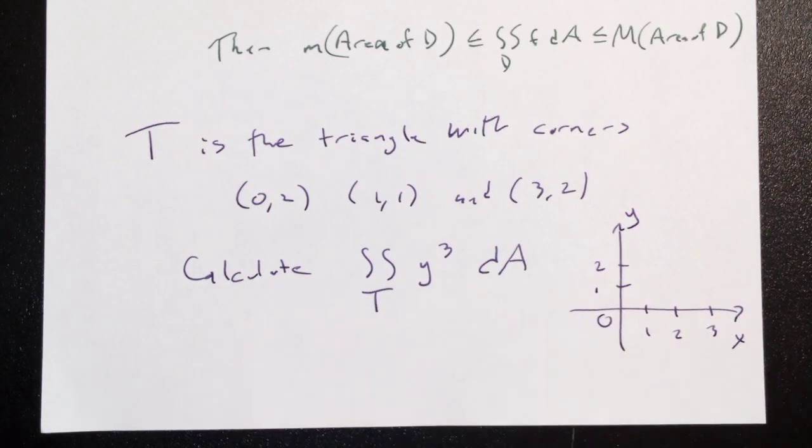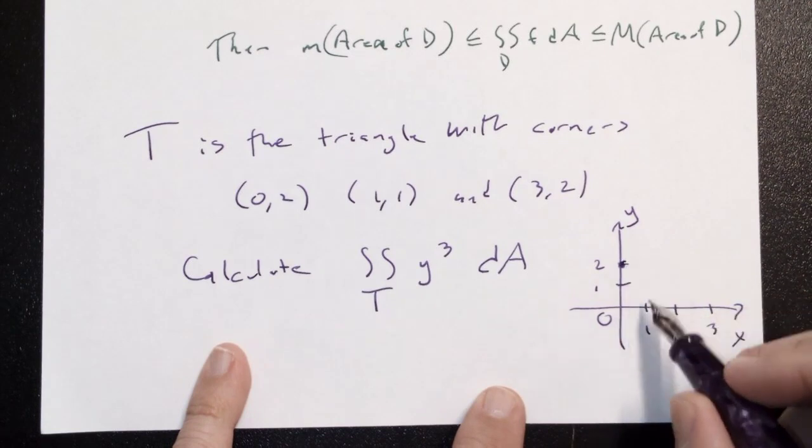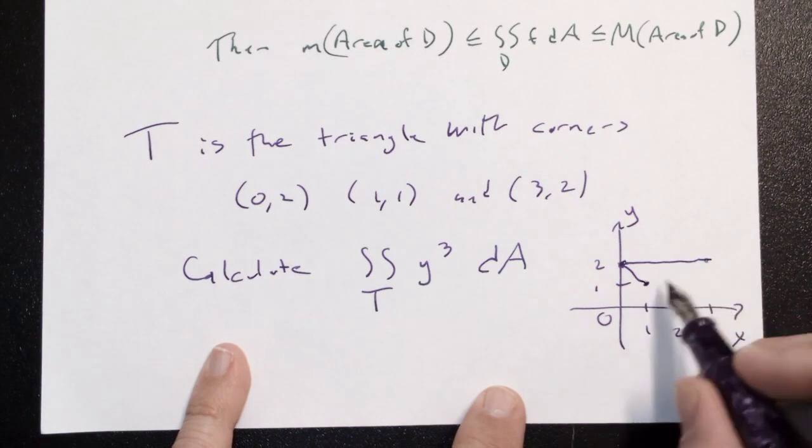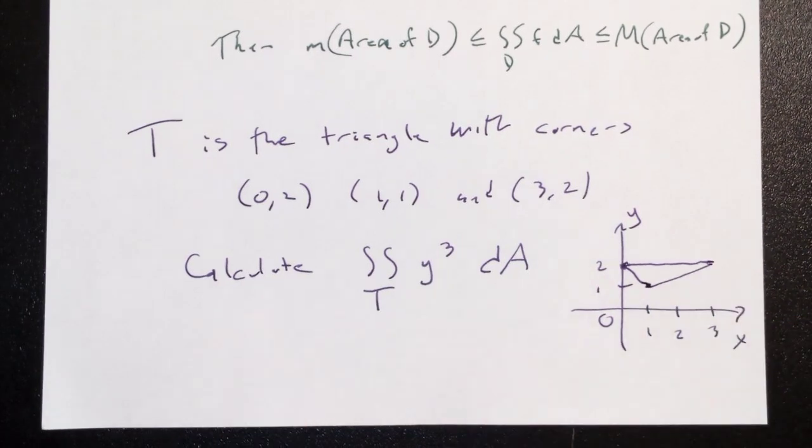The vertices of my triangle are (0, 2), (1, 1), and (3, 2). Should we do this type 1 or type 2? Why?